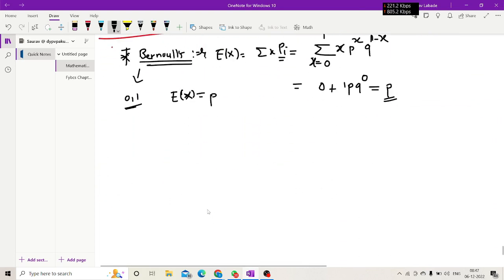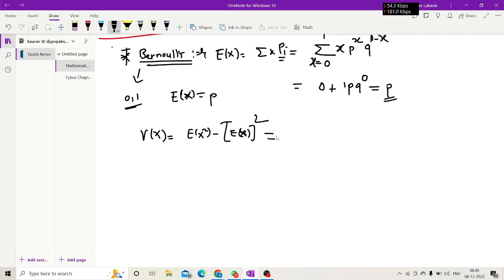Now what about the variance? The formula of the variance is expectation of x square minus the bracket of expectation of x squared. So just substitute the values. This will be summation of x square into p of x, i from 1 to n, that is expectation of x square, minus expectation of x squared.